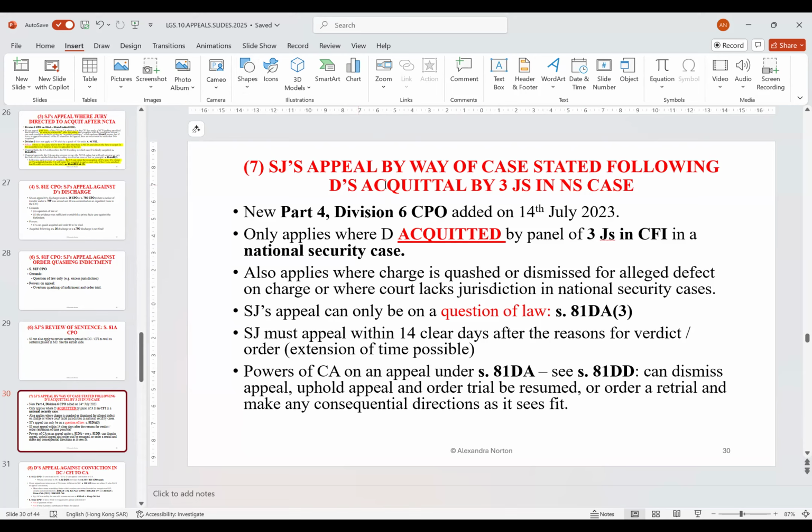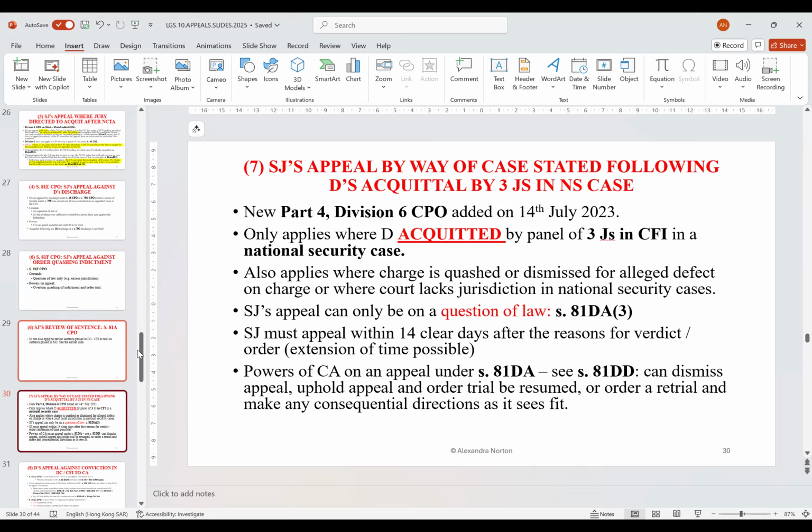However, if the defendant's national security case is heard by a jury in the CFI, then remember, if the jury acquits after the trial, that acquittal is still final. So far in the CFI, we have not had a trial by a jury in a national security case. The SJ has always issued the certificate for trial by a panel of 3 judges.